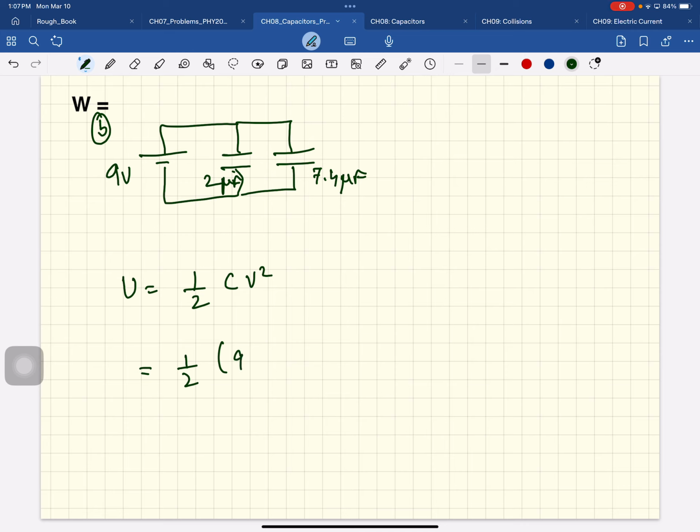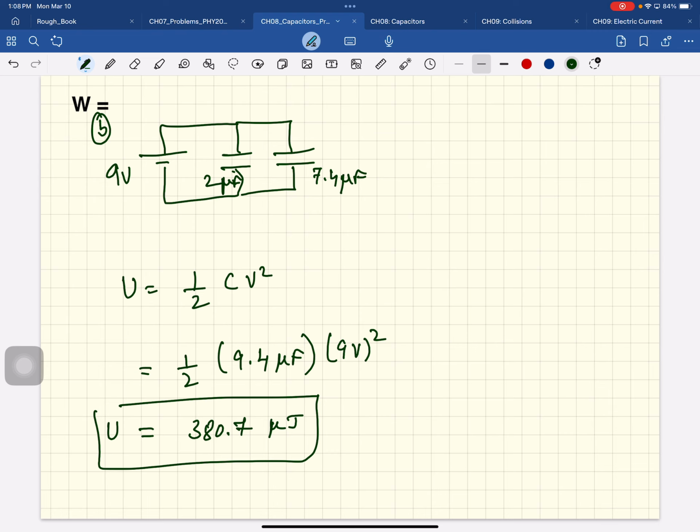For a parallel combination, C is the sum of the two, microfarads, times 9 volts squared. And so this works out to 380.7 microjoules.